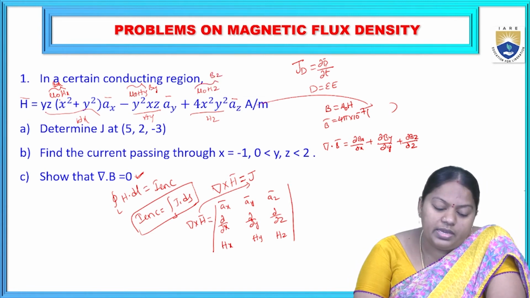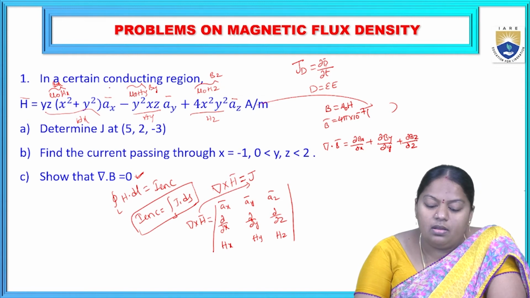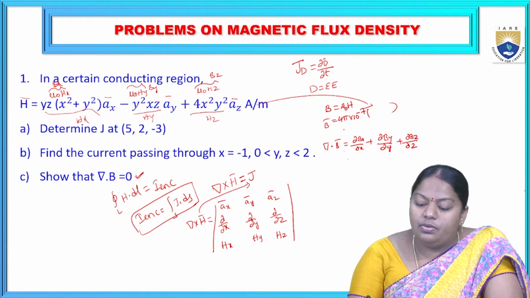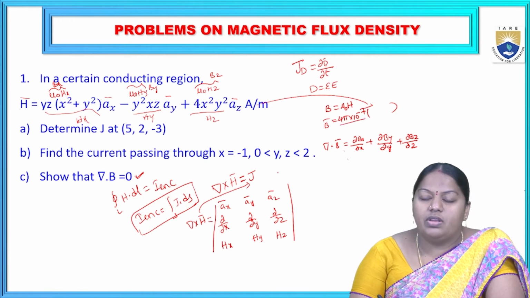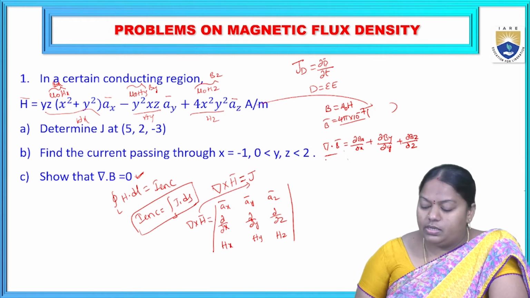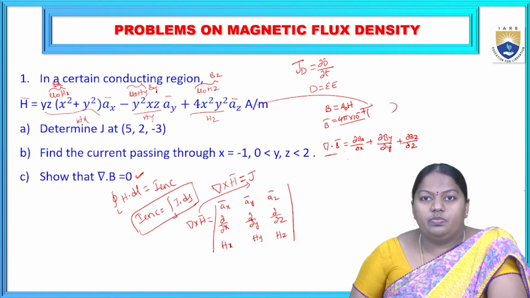Then in place of Bx, By, Bz, using these three values along with the free space permeability value 4 pi into 10 power minus 7, we get del dot B bar equal to 0.